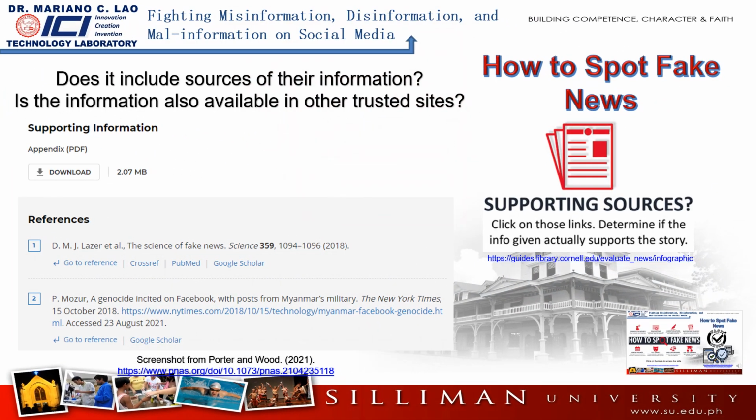Check on supporting sources. Whether we're talking news articles or scholarly papers, a credible source always includes its external sources of information to back up its factual claims. News organizations require journalists to identify their sources unless a source has requested anonymity.